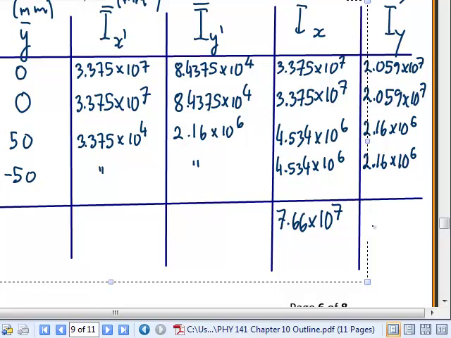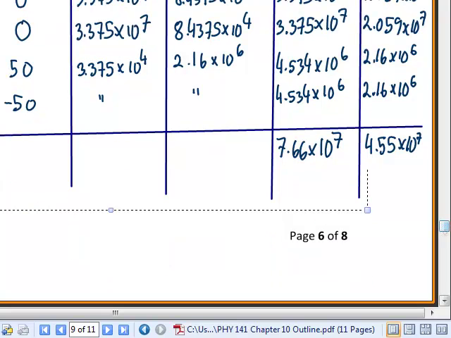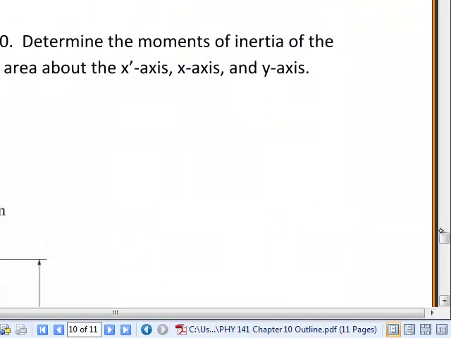And IY, 4.55 times 10 to the 7 millimeters to the fourth, that's what I've got as well. All right.